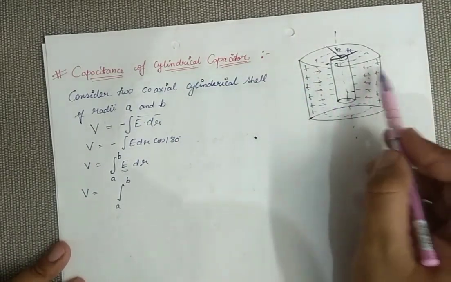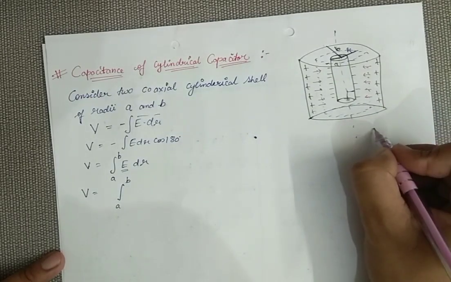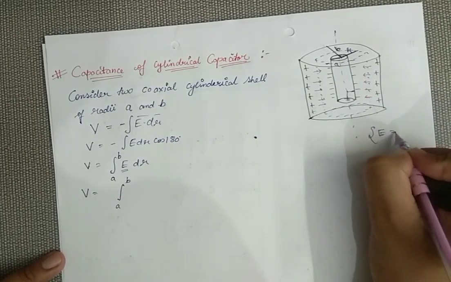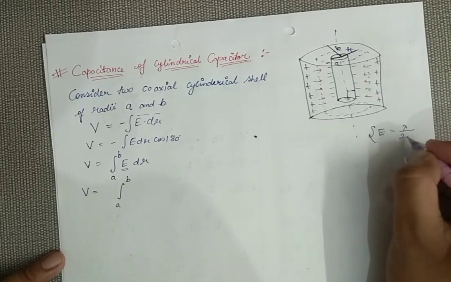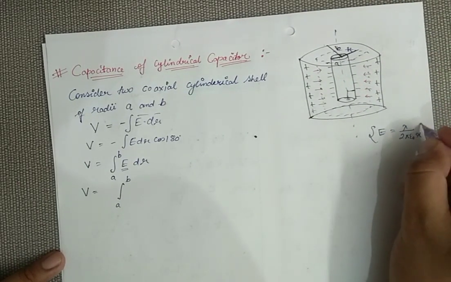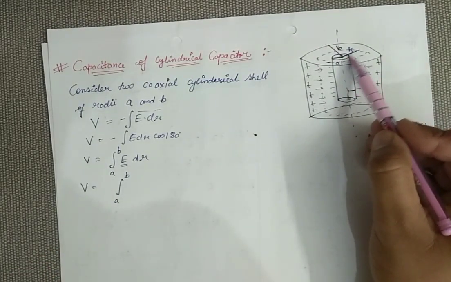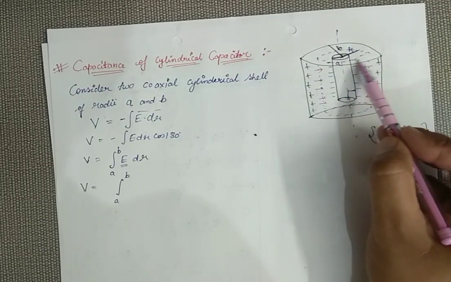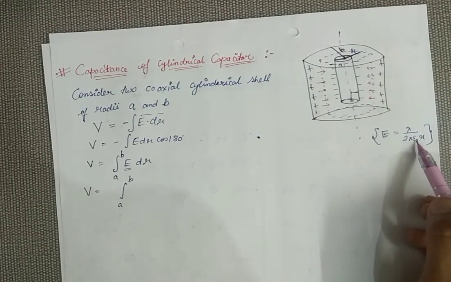So this is a cylinder. Just try to remember, in the application of Gauss, we have studied that electric field due to the infinite long wire is lambda by 2 pi epsilon naught r. r is the distance from the axis. So at the distance r, my electric field will be lambda by 2 pi epsilon naught r.